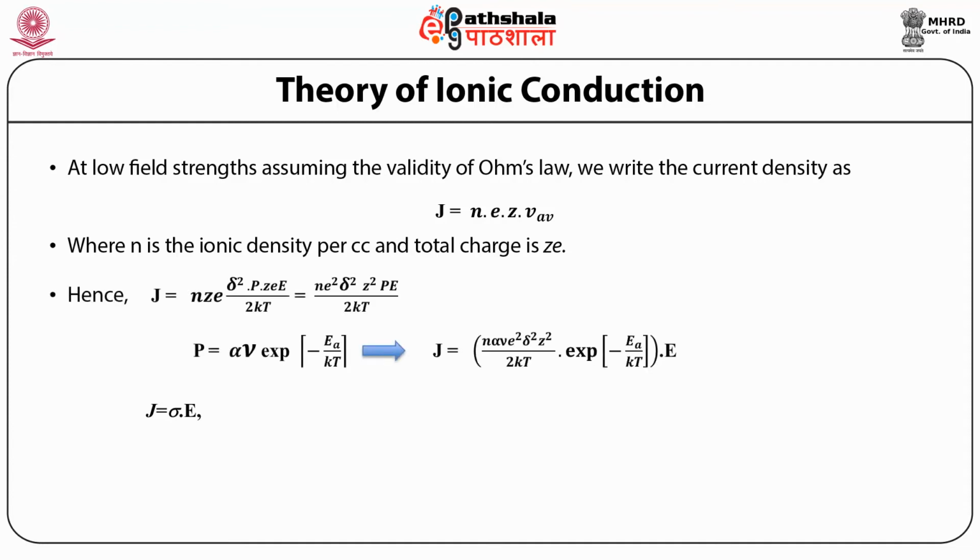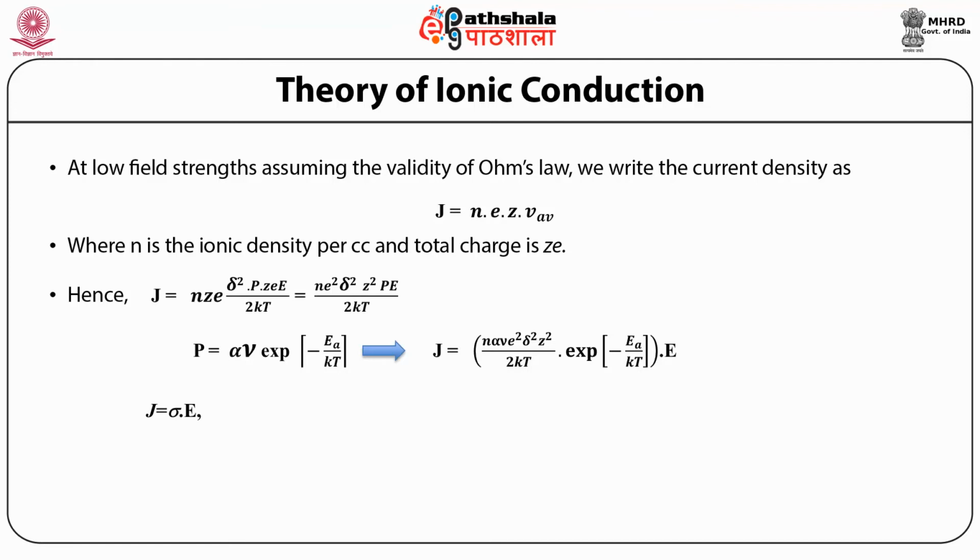Hence, J is equal to NZE delta square PZEE by 2KT, which is equal to Ne square delta square Z square PE by 2KT. Now we know that P is equal to alpha nu exponential minus EA by KT.